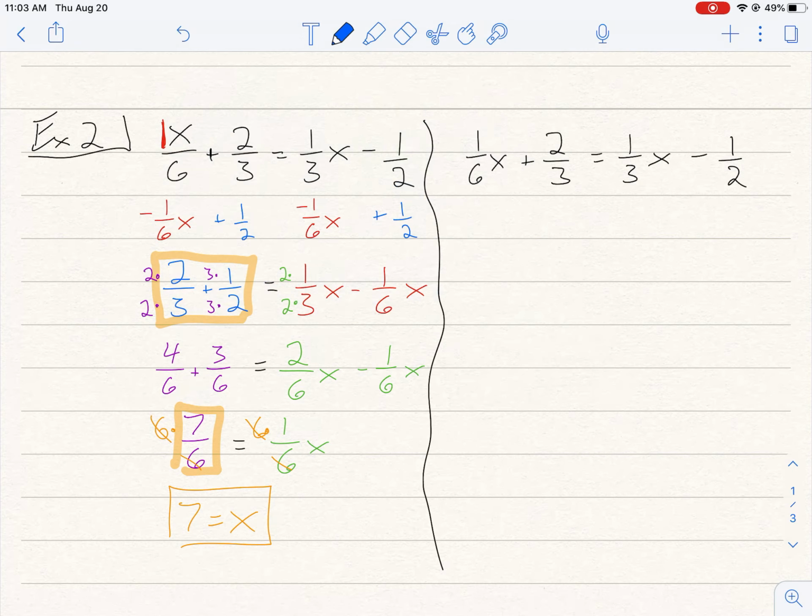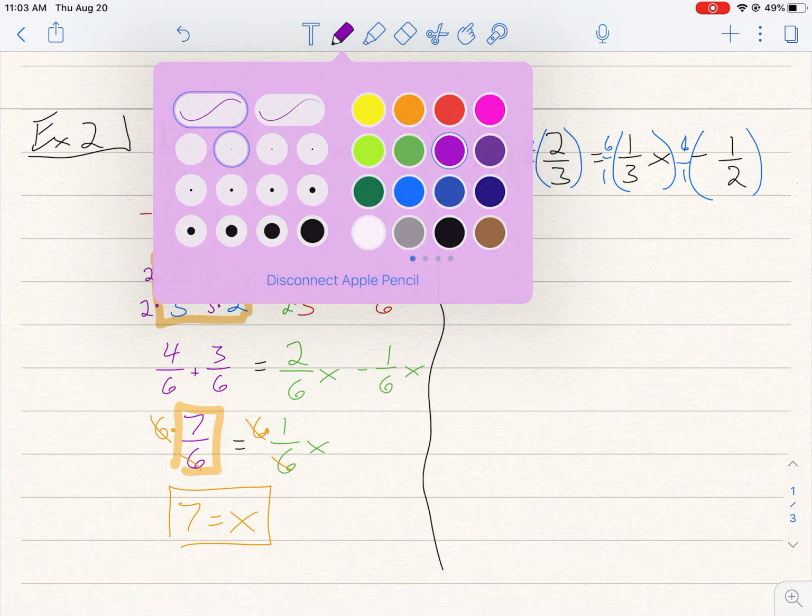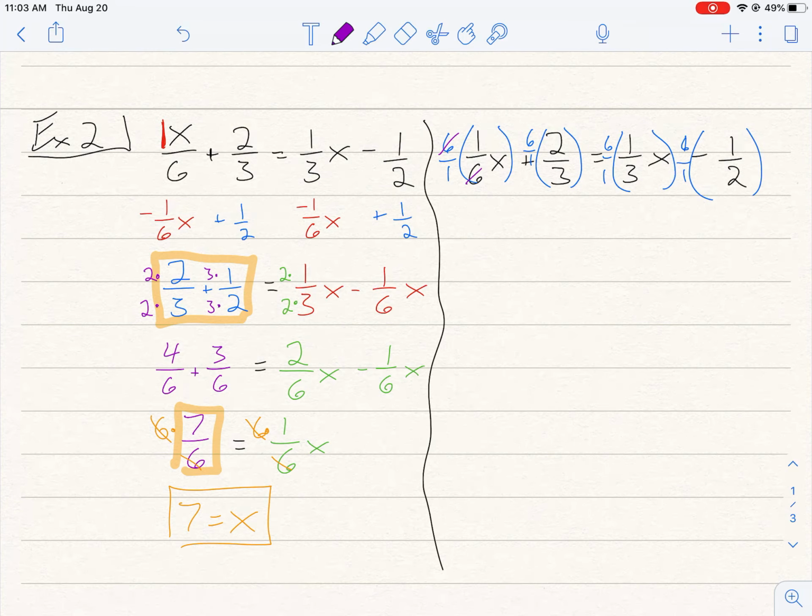So if I take each one of these expressions and multiply it by 6/1, multiply this by 6/1, multiply this by 6/1, and finally multiply this by 6/1. The 6's here are just going to cancel each other out, so I'm left with a 1x.